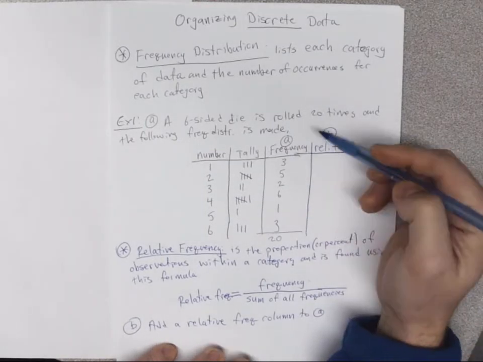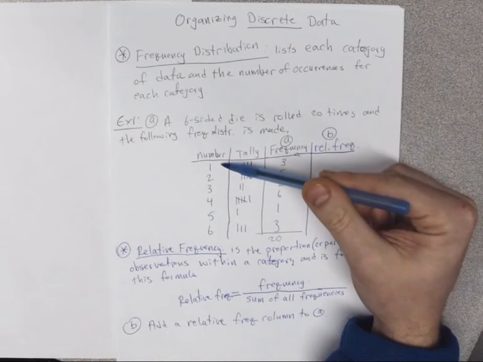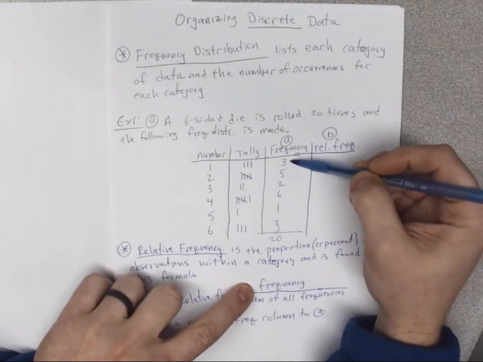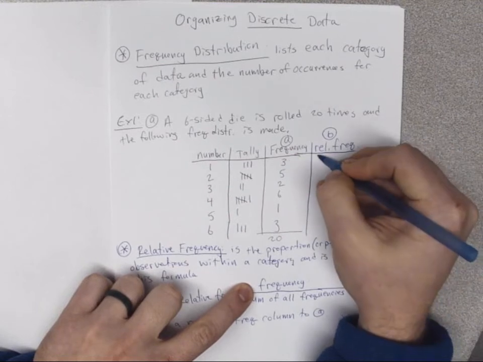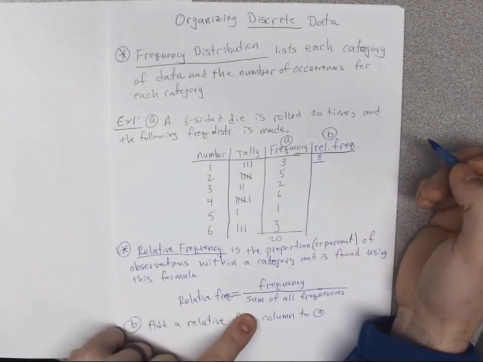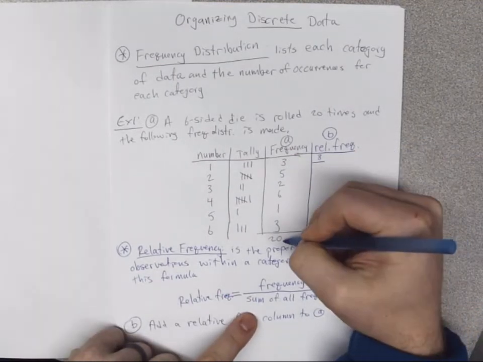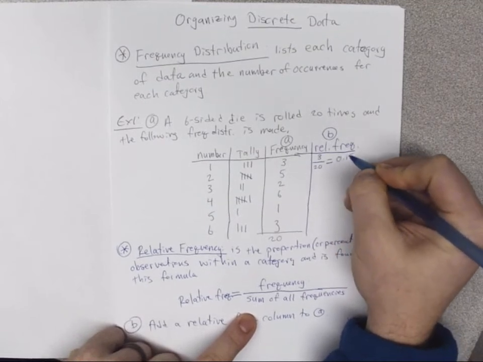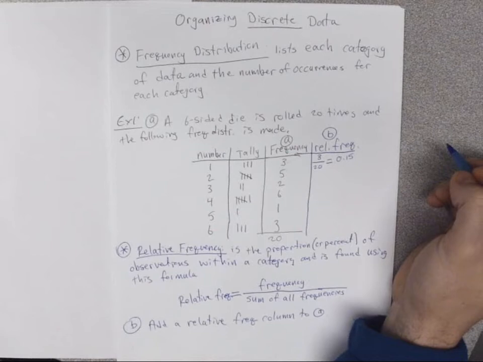So to find the relative frequency of a number 1 being rolled, you take the frequency of a 1 being rolled, which was 3, and you divide that by the total number of frequencies, which was 20. If you put it as a decimal or a percent, it's 15% or 0.15. And that's what you do for all of these.